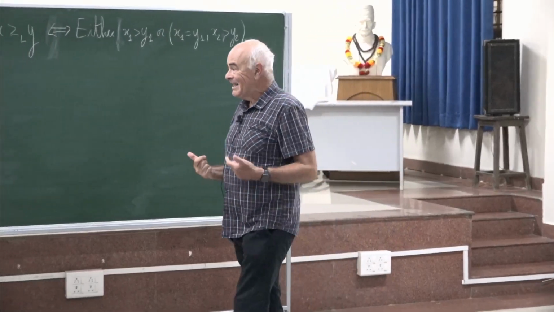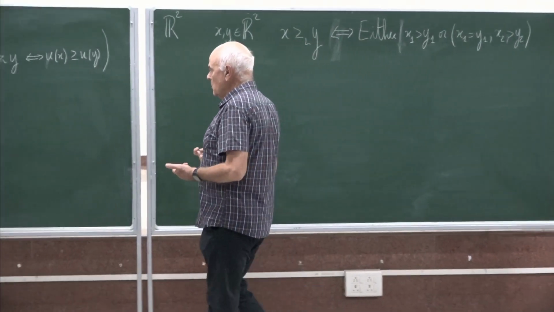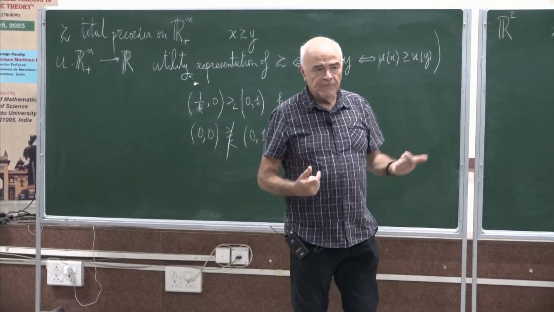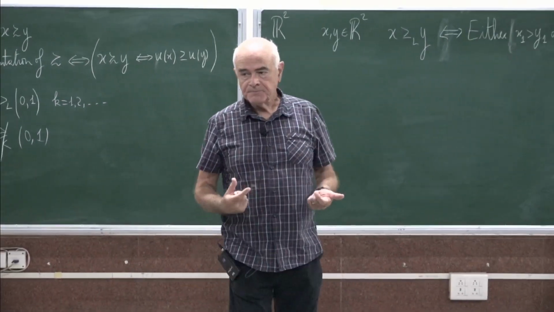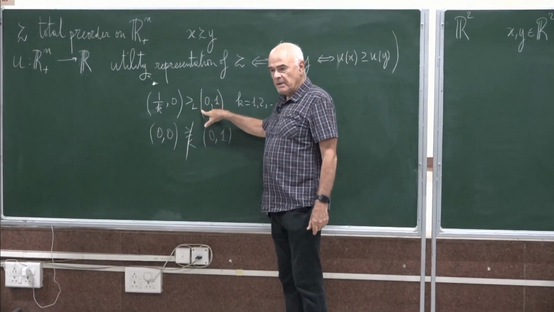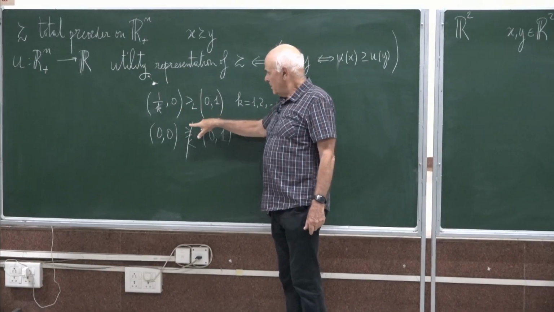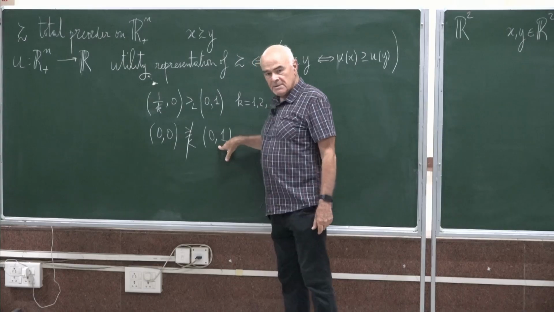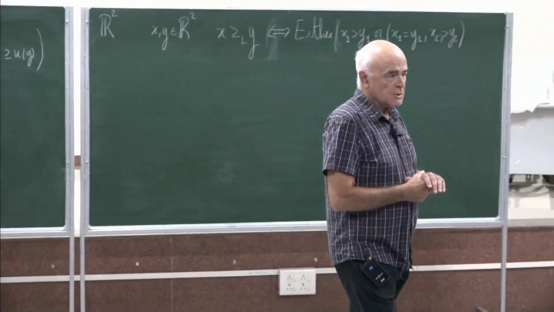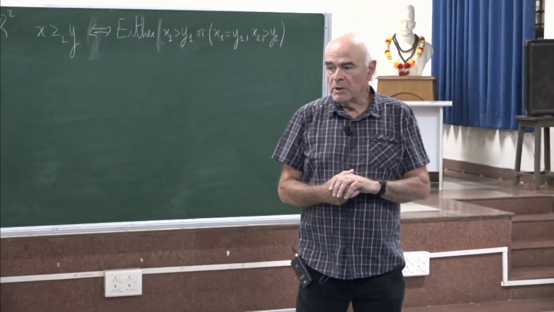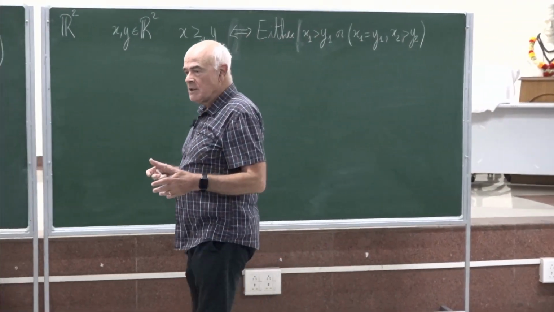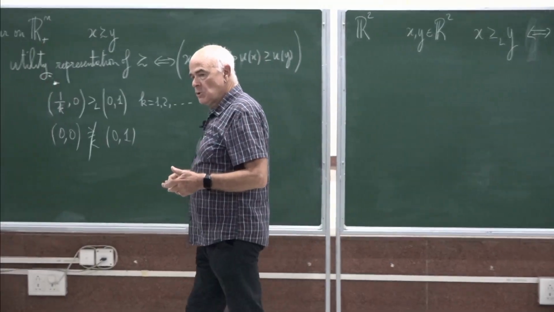Okay, this means that the graph of the lexicographical order is not a closed set. The pair consisting of these two elements is in the graph, but their limit is not in the graph. So it is not closed. So we cannot apply Debreu's theorem. So we don't know if there is a utility representation or not.